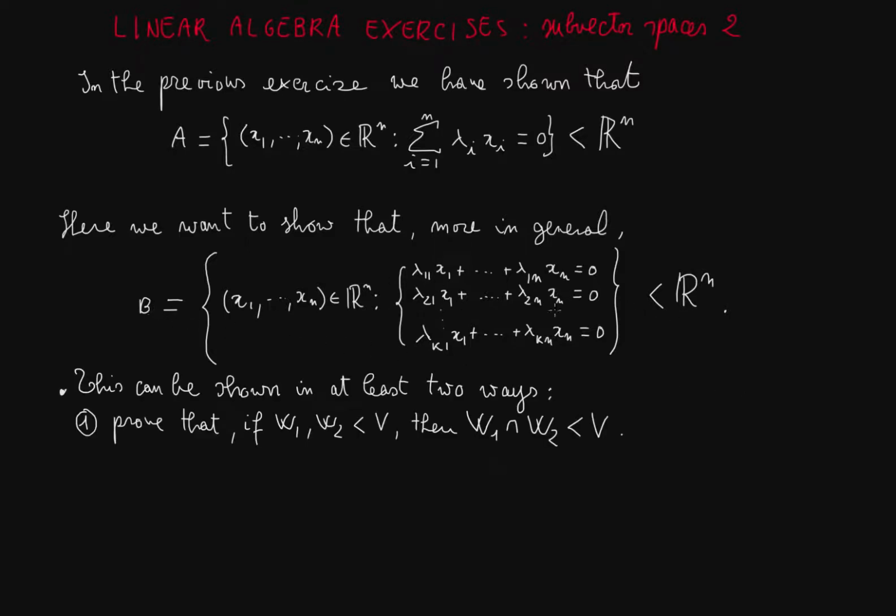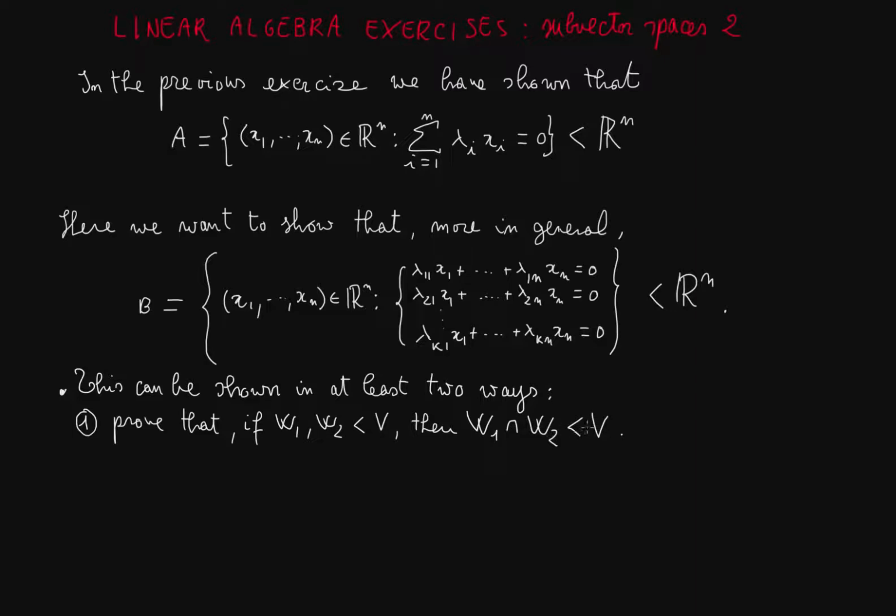To prove that B is a subvector space of Rn, we can use two arguments. The first one shows that the intersection of two subvector spaces, and actually this is true for any vector space V, we are not going to be using the fact that V is Rn, the Euclidean n-dimensional vector space over R. So it is always true that for two subvector spaces, their intersection is also a subvector space.